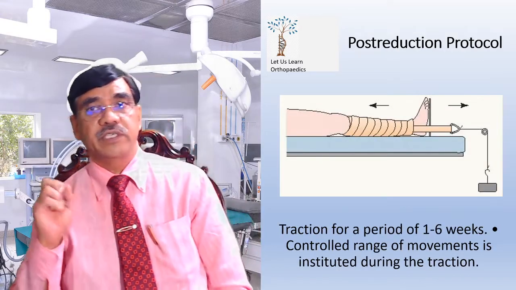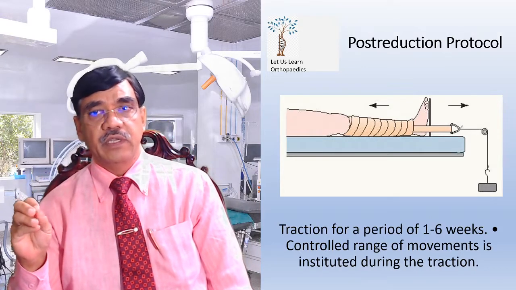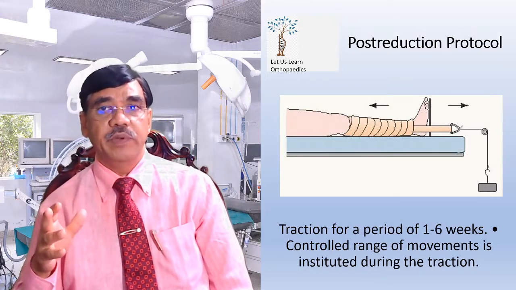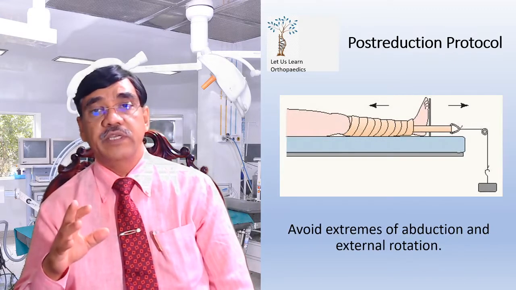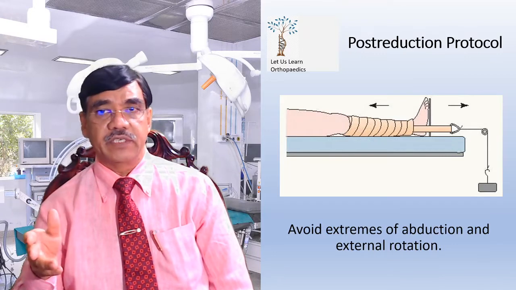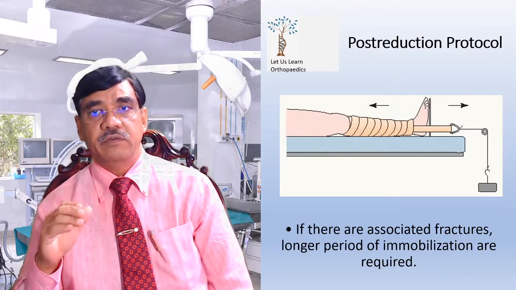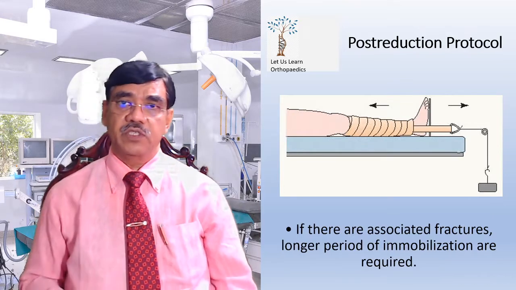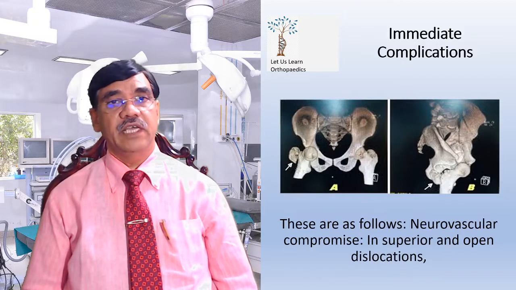Now the post-reduction protocol is traction for a period of 1 to 6 weeks. Controlled range of movement is instituted during the traction. Avoid extremes of abduction and external rotation. If there are associated fractures, a longer period of immobilization is required.